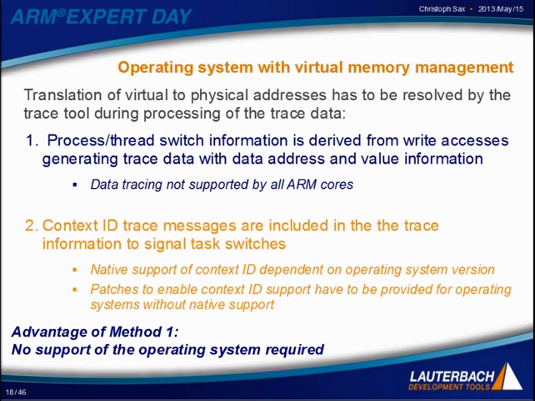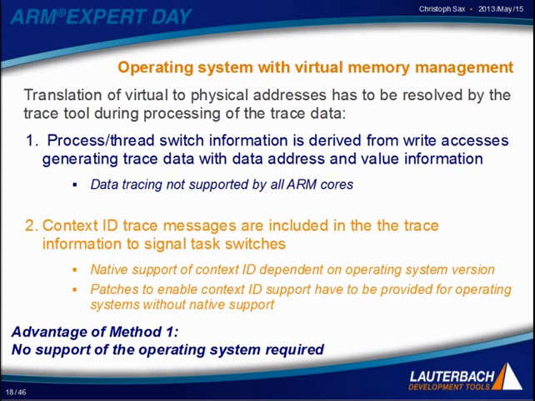Another important point for the tracing of operating systems is the handling of virtual memory management. Basically, this problem is based on the translation of virtual to physical addresses that has to be resolved by the trace tool if the trace data is processed. And there are two approaches for this translation.